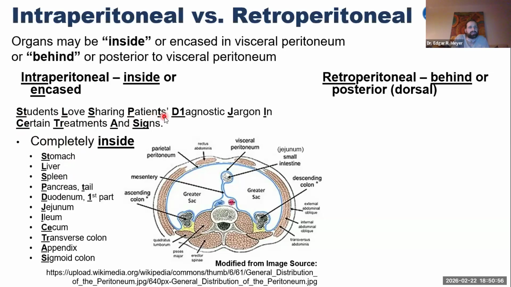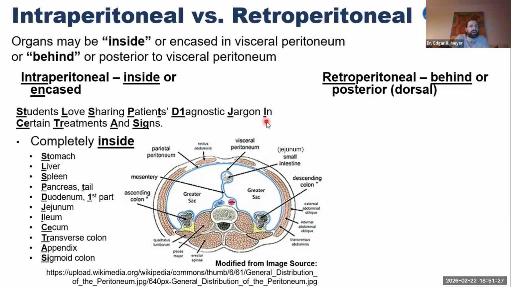Patients also has a T in it to remind you that it's only the tail of the pancreas that is an intraperitoneal organ. And then there's a misspelling here, replacing the I with the number 1 in diagnostic to remind you that it is the first part of the duodenum, only the first part of the duodenum that is an intraperitoneal organ.